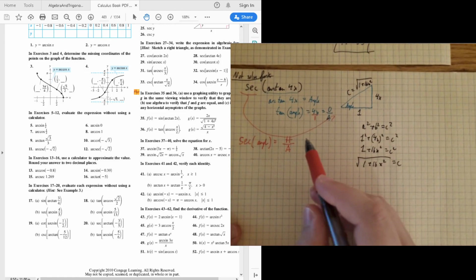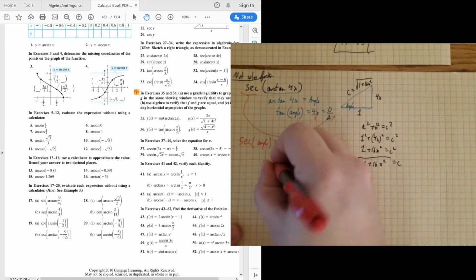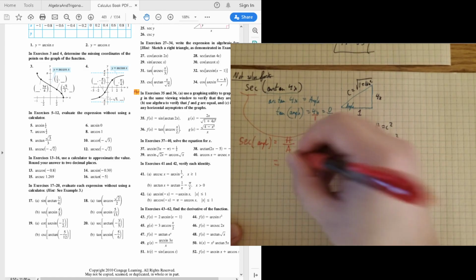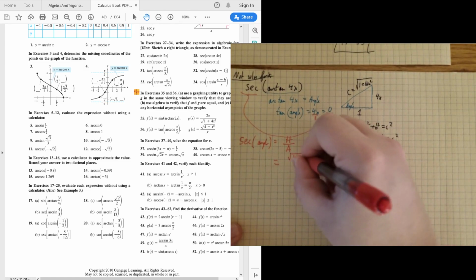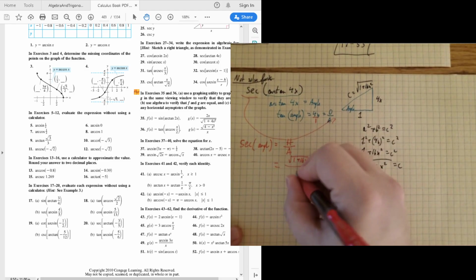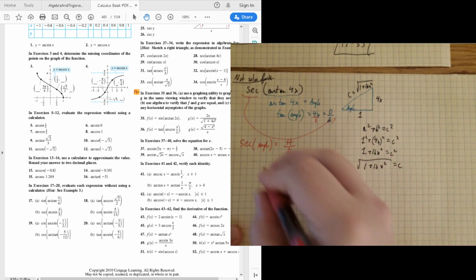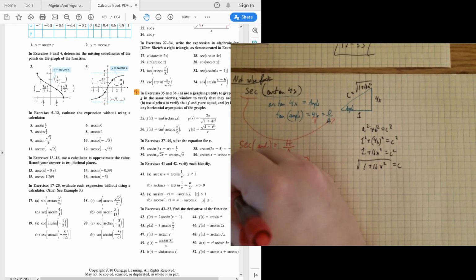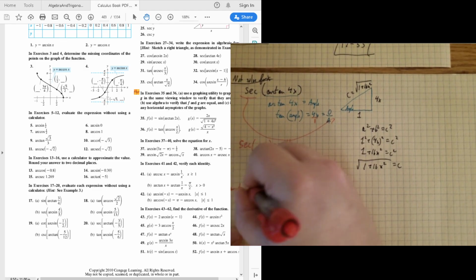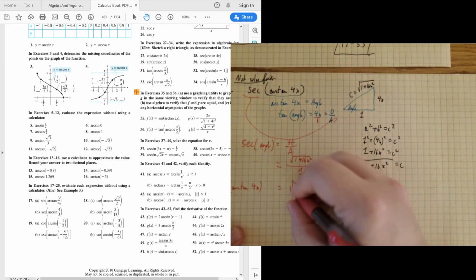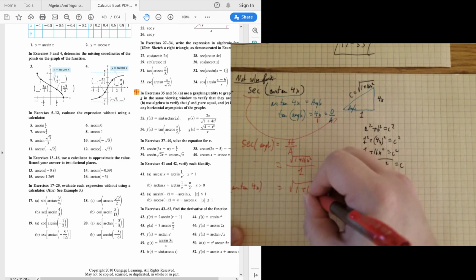And because secant is hypotenuse over adjacent, we know that the hypotenuse is the square root of 1 plus 16x squared, and the adjacent is 1, which means secant of the arctan of 4x is equal to, simplified, the square root of 1 plus 16x squared.